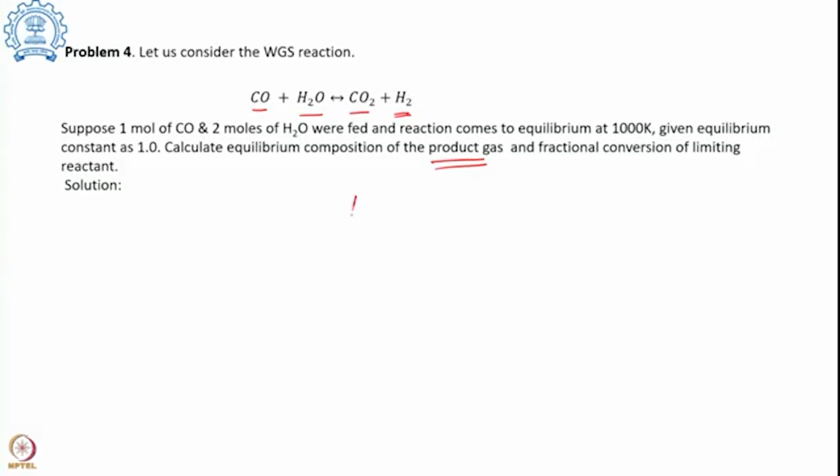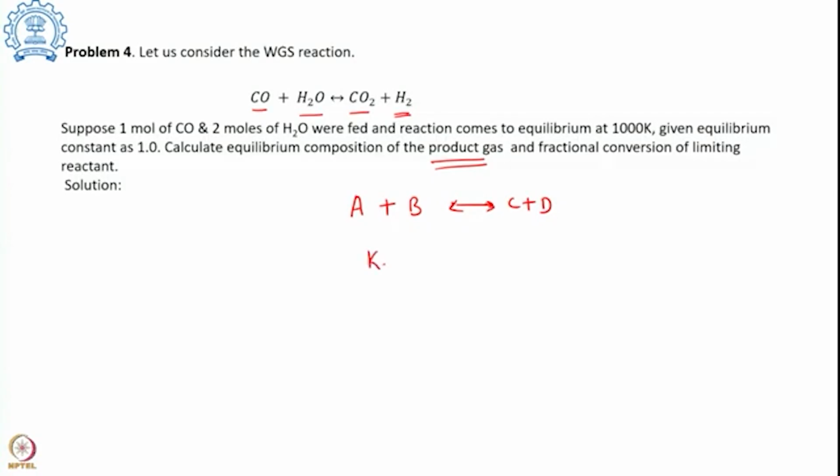Now, let us consider any general equation. Let us say 2 reactants, A and B, are reacting to produce 2 products, C and D. Let us say this is a sort of reversible reaction like the reforming or the water gas shift reaction.